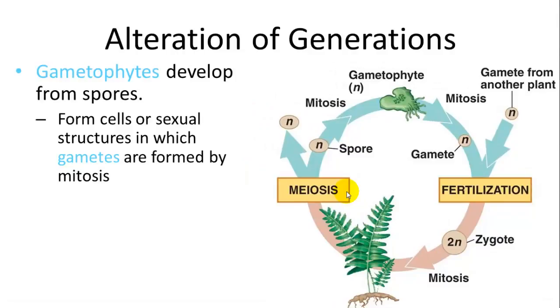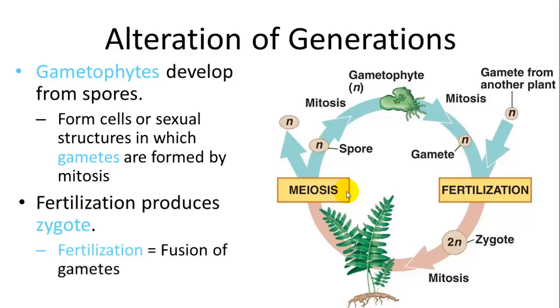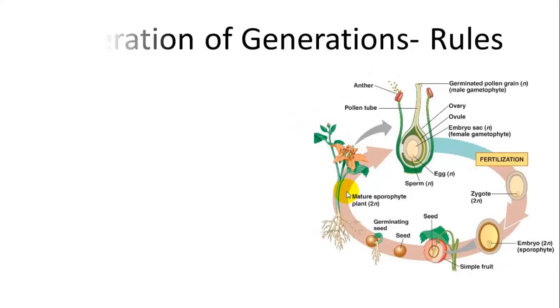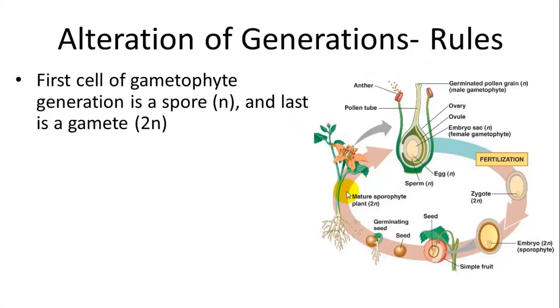On the other side, gametophytes develop from spores, and gametes come together through the process of fertilization and produce a zygote. Right? And fertilization then is the fusion of two gametes. So the first cell of the gametophyte generation is a spore, and then the last is a gamete.